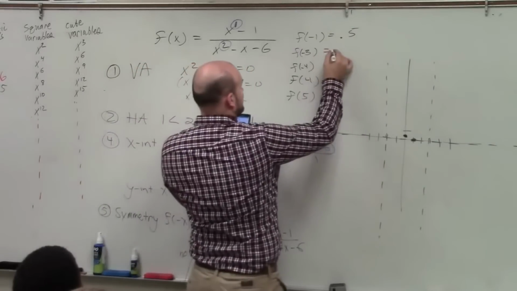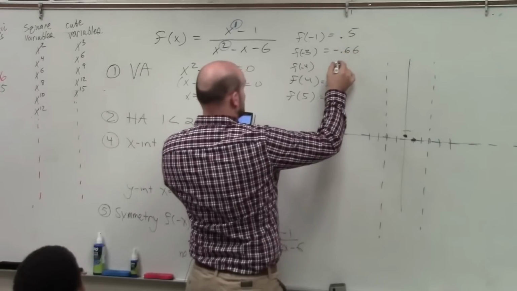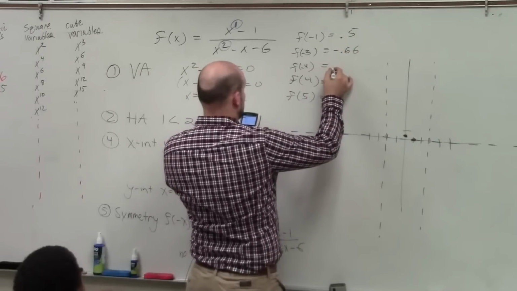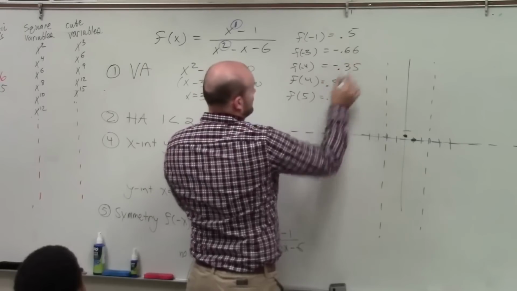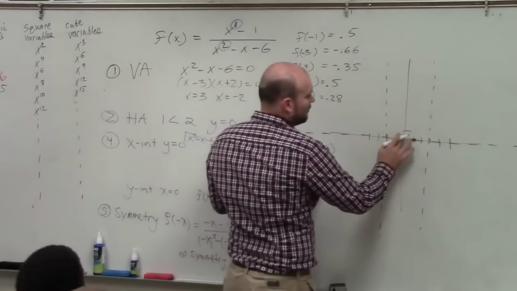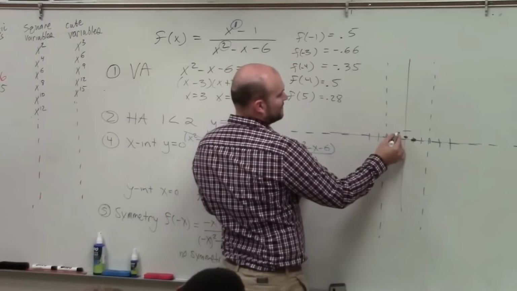And f of negative 2 is 0.66. This is just a little bit of an example. But remember, this was like 1/6, so I was really like there. At negative 1, I'm at 0.5.